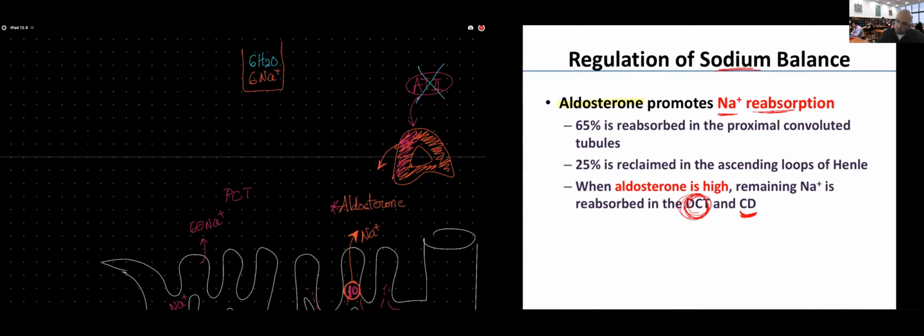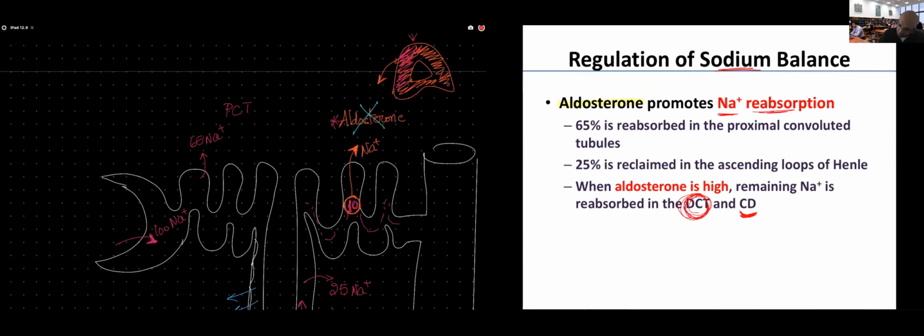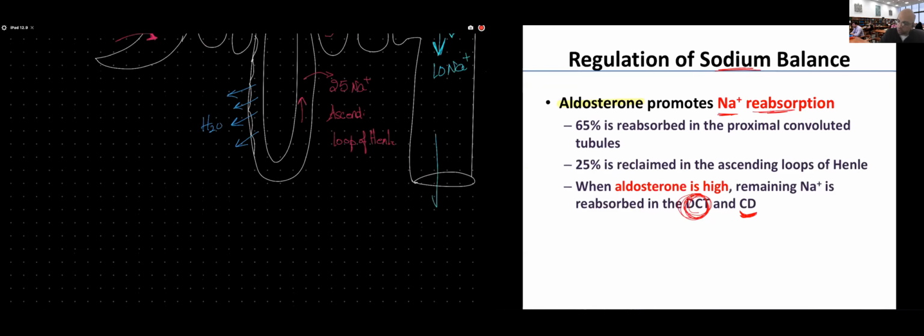And if you don't have angiotensin 2, there is nothing that will trigger the release of aldosterone from the adrenal cortex. So you don't have the aldosterone, so you're not reabsorbing this 10% of the sodium, and this sodium, followed by its water, is going to be released out in the urine.